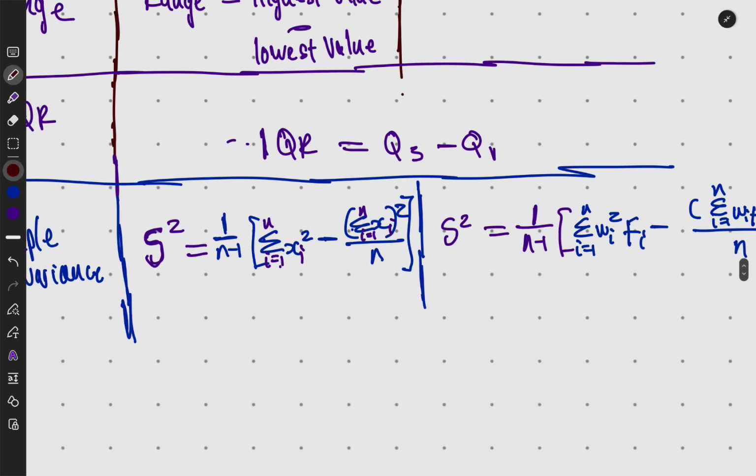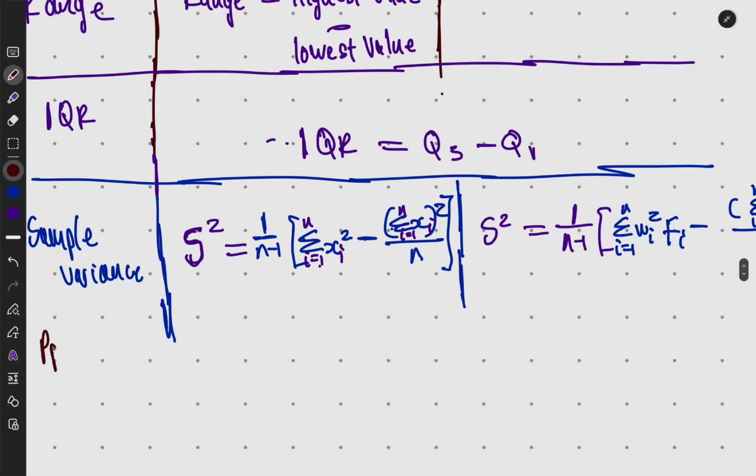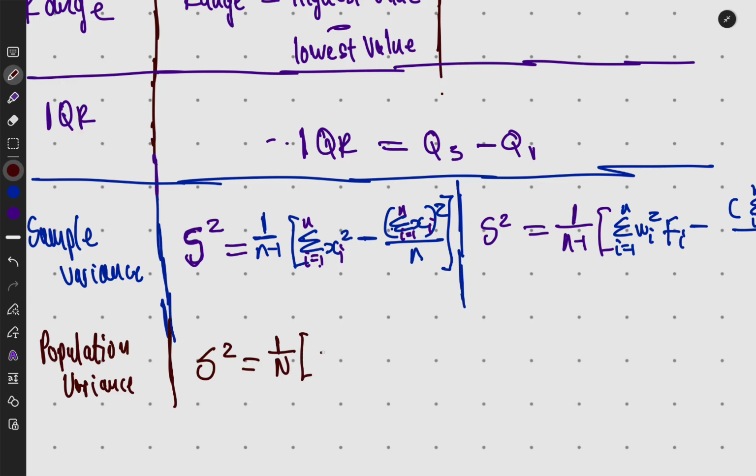Now, what about the population variance? This is important. Once you know variance, then the other ones are going to be a walk in the park. How do I do the population variance? For ungrouped data, it's going to be sigma squared, equal to 1 over capital N. Then inside, the summation from 1 up to n of xi squared, then minus the summation of xi, which you will now square outside.